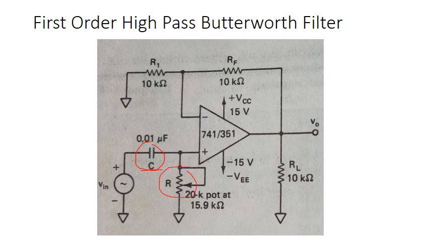Now for this high pass filter we have a capacitor and a resistor. So it will pass the high frequency signal to this non-inverting terminal of the op amp. Low frequency signals are blocked by this capacitor.